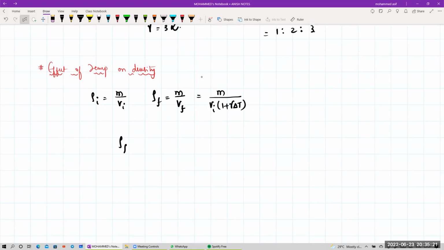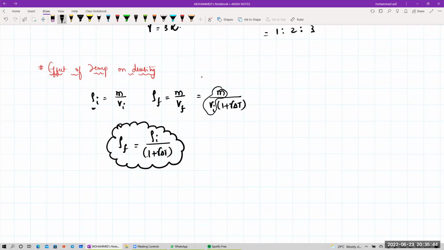And final density will be equal to mass by initial volume, which can be written as initial density, so rho I divided by 1 plus gamma into delta T. So final density will be equal to initial density divided by 1 plus gamma into delta T. If gamma into delta T is much less than 1, then final density will be equal to initial density into 1 minus gamma into delta T. You can use this formula.